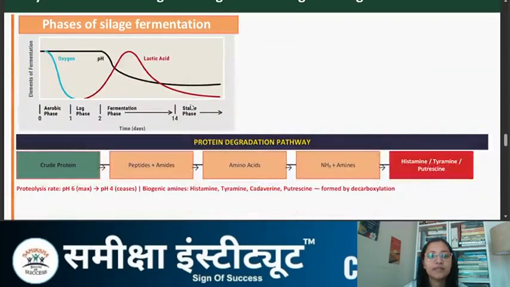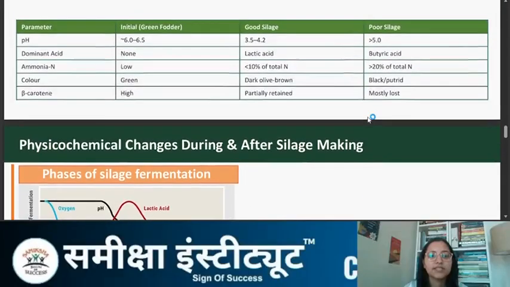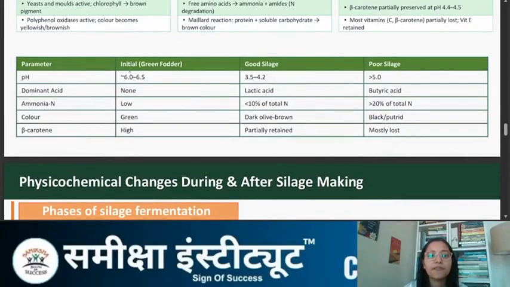As we have already discussed, these are the changes that occur. The initial pH is around 6 to 6.5, because it is neutral pH in the initial phases. Good silage has a pH of 3.5 to 4.2, and poor quality silage has more than 4.8, even more than 5.